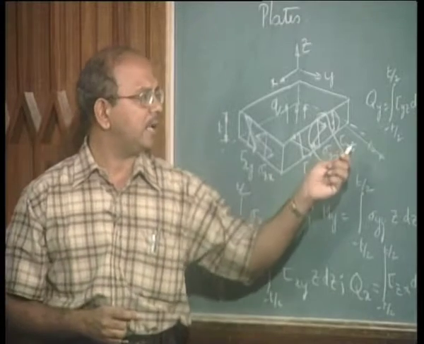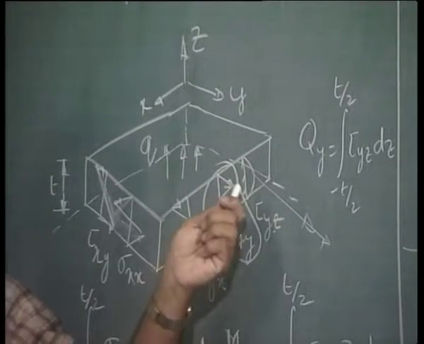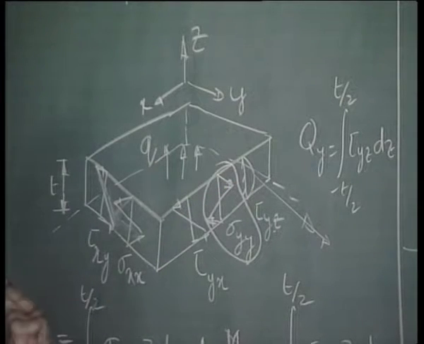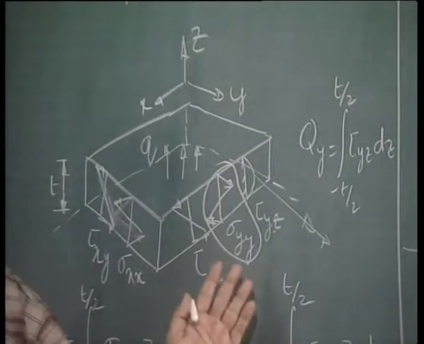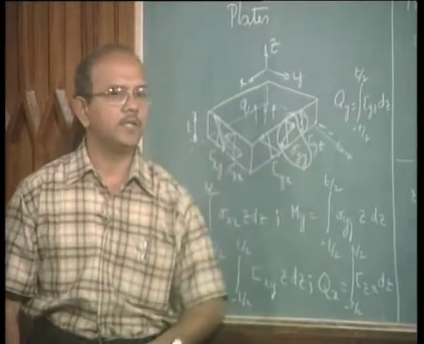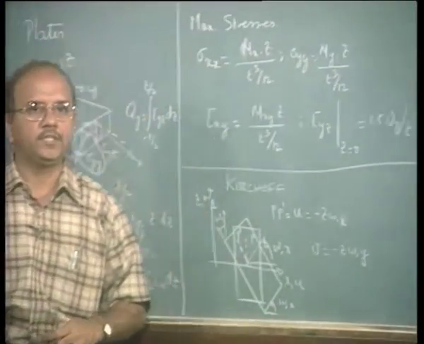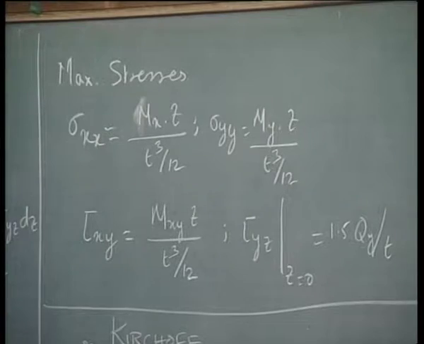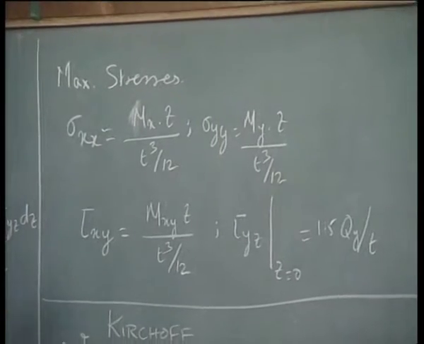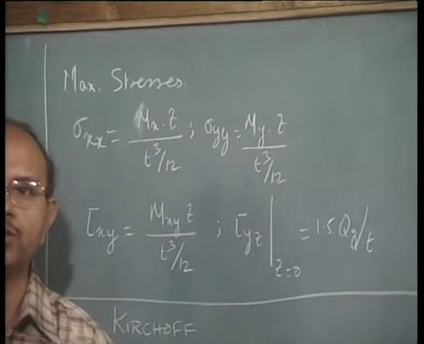Whereas on the other hand, say tau yz, the maximum stresses are happening at the meridian or at the neutral surface. Now these maximum stresses can be written down in a simple fashion as shown here. You can see that the maximum stresses sigma xx, sigma yy are very similar and are related to the moments mx and my as shown here.